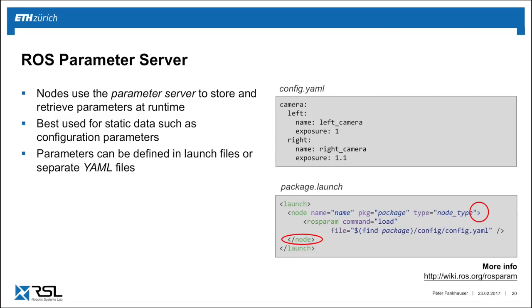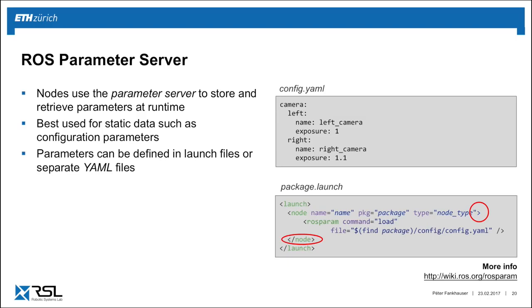In this case, we can load it through the launch file. Here we have, as we know it, we load a node called name from the package and node type. And then we call this rosparam command, tell it to load. And then we're going to find this package. In this case, since we don't want to use absolute path, again, I can use this find package command. And then I put it under the folder config in a config.yaml parameter file.